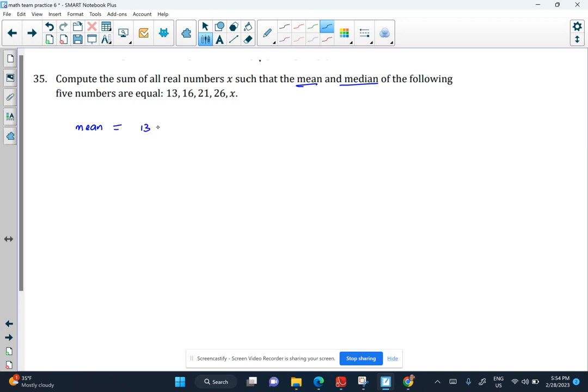Well, the mean is the sum of all the data values divided by 5. So the mean can be represented, if I add these up, as 76 plus whatever x is, divided by 5.